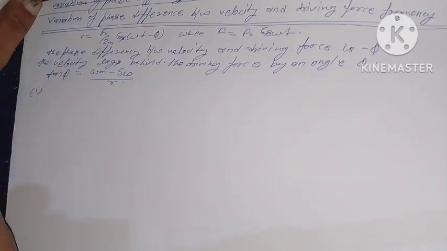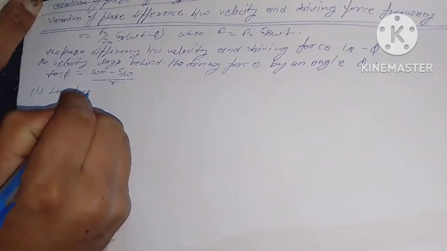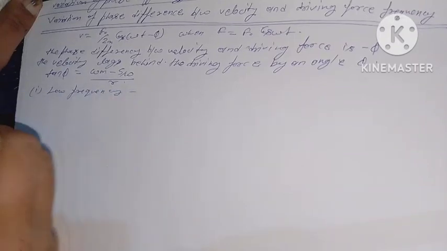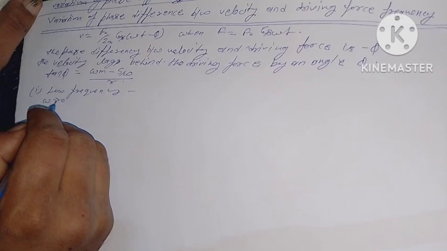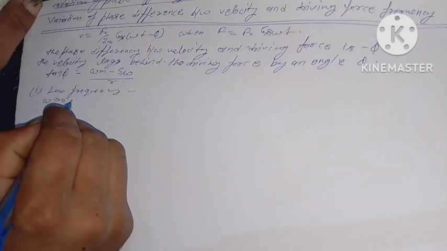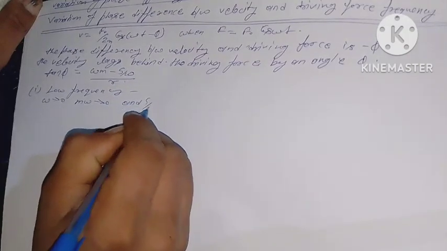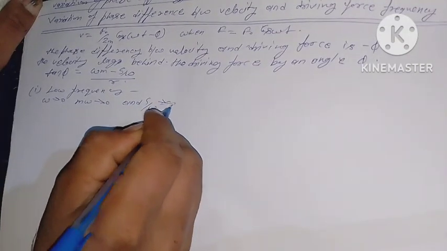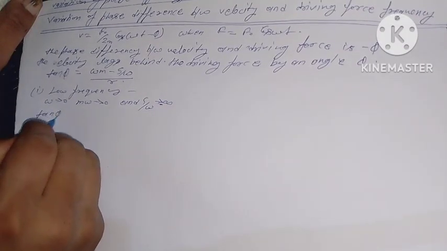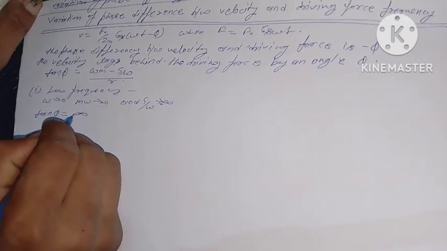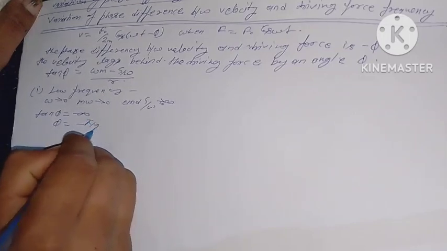First point, low frequency. At a low frequency, omega tends to approximately 0, then m omega is 0 and s by omega is infinite. Then tan phi equal to minus infinite and phi equal to minus pi by 2.